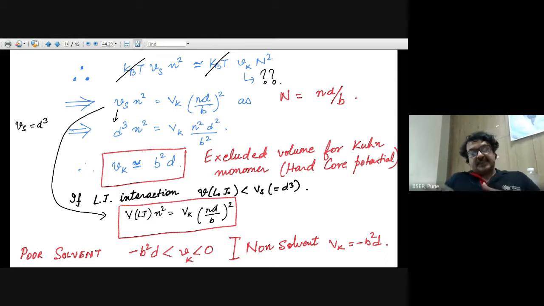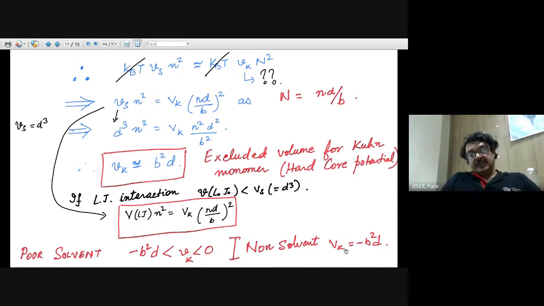Now, just to get ahead, you remember that for poor solvent, when you had spherical monomers, we considered the poor solvent case to be minus b cube less than Vk less than 0. But now, if you're describing in terms of Kuhn segments, you would say that minus b squared d is less than Vk, which is less than 0.